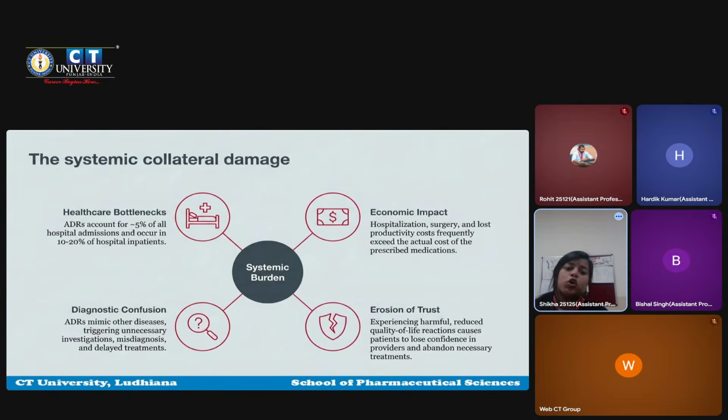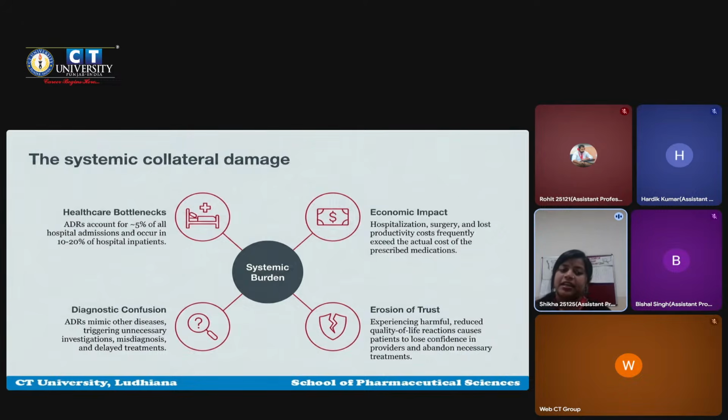Next is the systemic collateral damage to healthcare, which means systemic burden. First is healthcare bottlenecks. ADRs account for approximately 5% of all hospital admissions and occur in 10 to 20% of hospital inpatients.